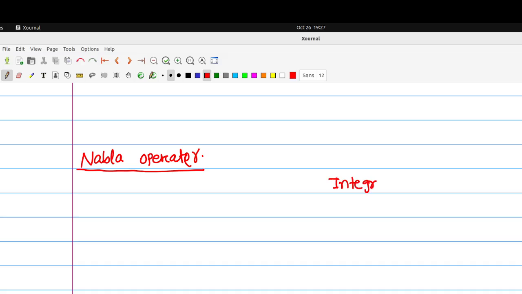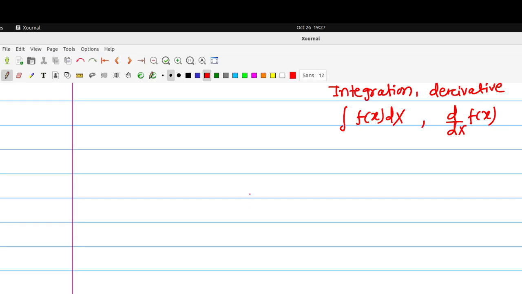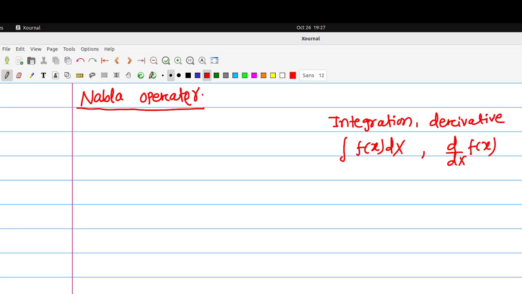Derivative is an operator. The operator acts on a function only, f of x. The derivative operator acts on a function f of x. Similarly, Nabla is an operator.